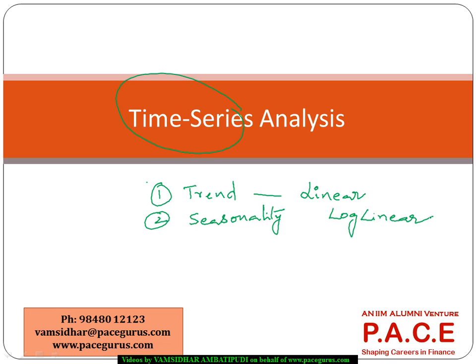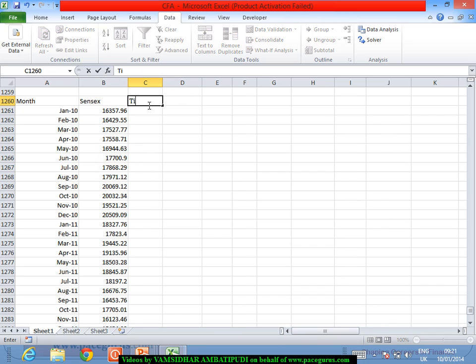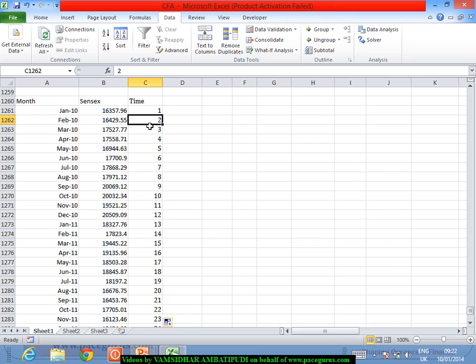When I am talking about a simple linear trend model, you have the values across time and you take time as one more variable, starting from the first period as 1, 2, 3, 4, and so on. So this is the time variable which we have.